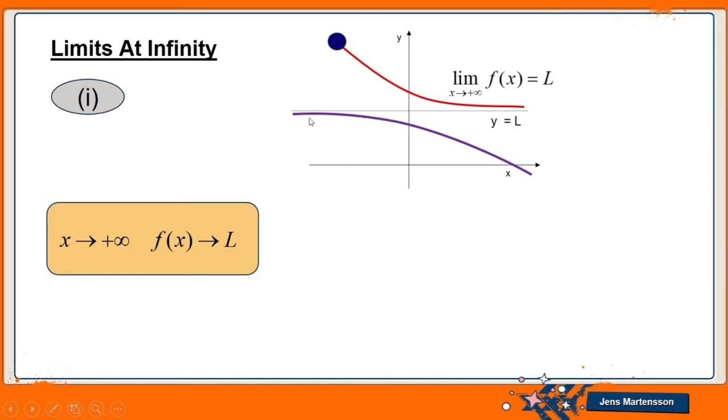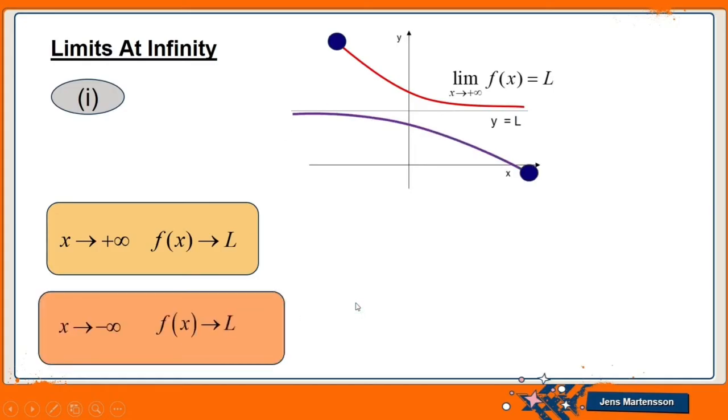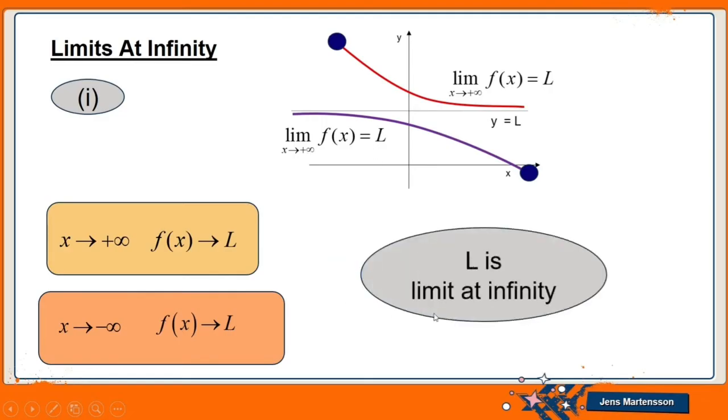For the second graph, when x approaches negative infinity, f(x) approaches L. So we can write the limit of f(x) when x approaches negative infinity equal to L. L is the limit at infinity.